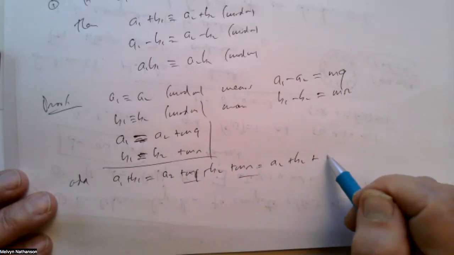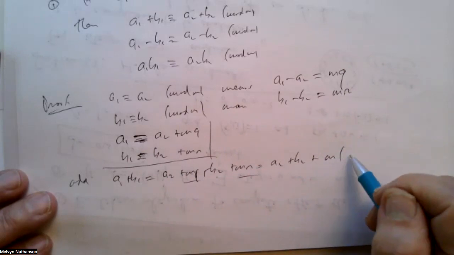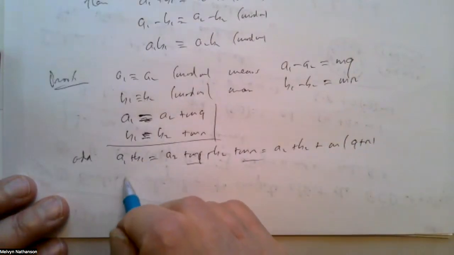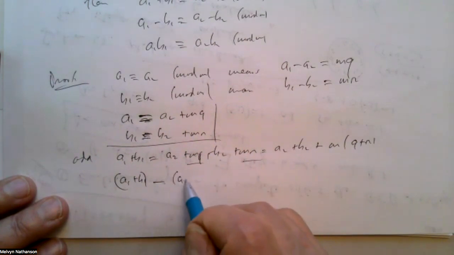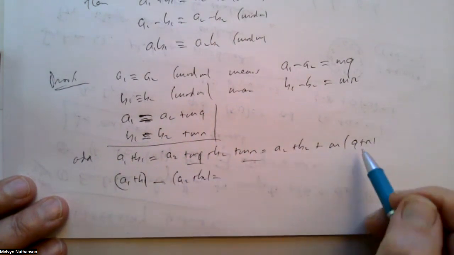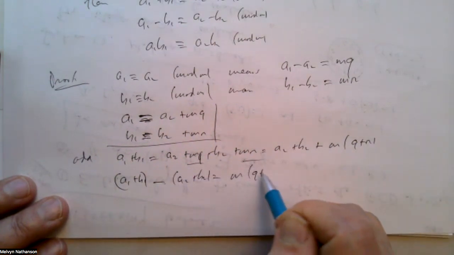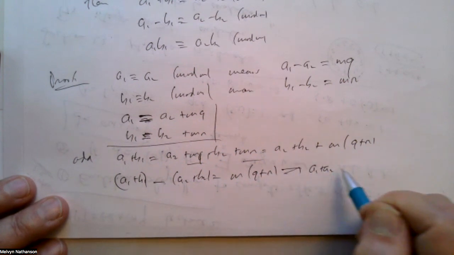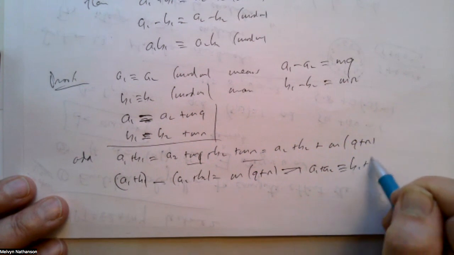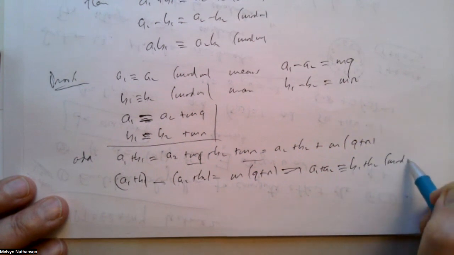And then these two terms, I can factor out the M times Q plus R. So A1 plus B1 minus A2 plus B2 is a multiple of M, which means A1 plus B1 is congruent to A2 plus B2 mod M.